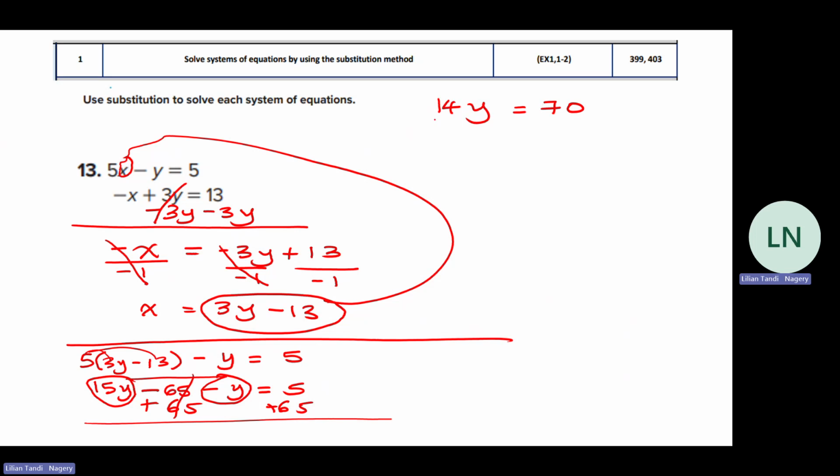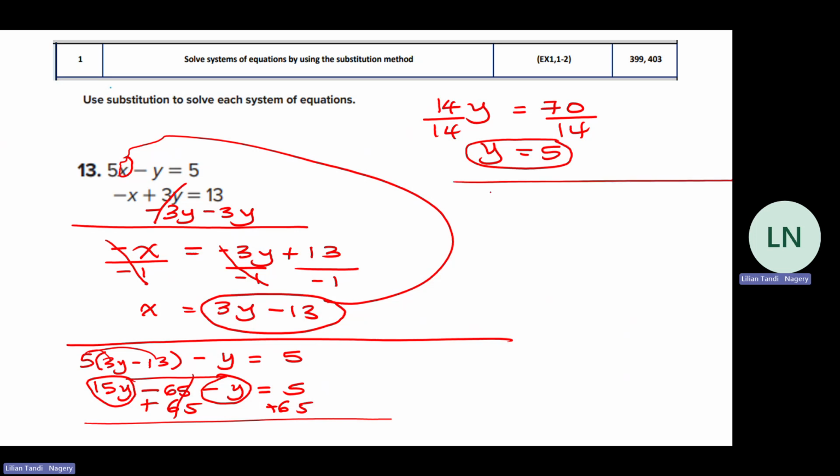Then I will divide by 14 on both sides. I think my answer will still be a fraction. No, it's a whole number. So y is 5.